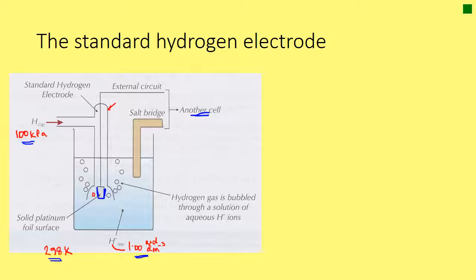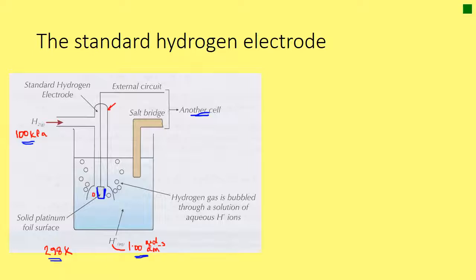So that's another standard condition. 1.00 mole per decimeter cubed is the concentration of any solution you use, and the temperature that it needs to be at is 298 Kelvin, which is about 25 degrees Celsius. Okay, what happens is the hydrogen gas comes past a platinum electrode.